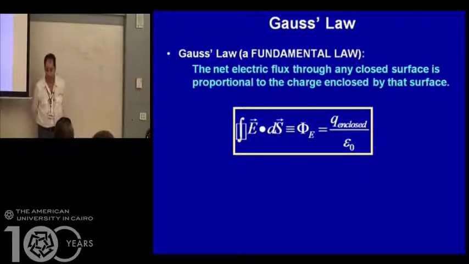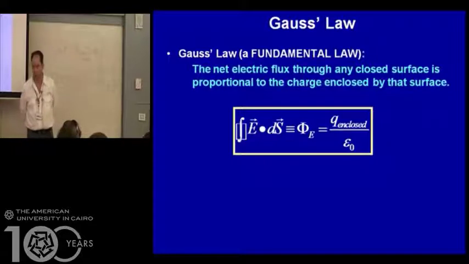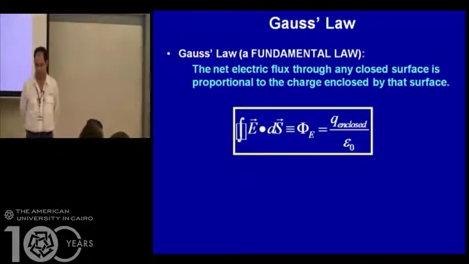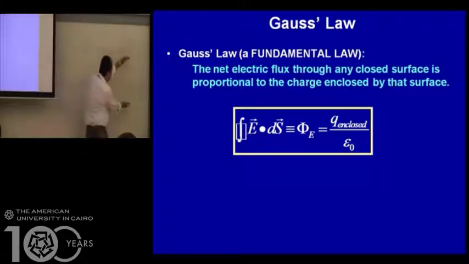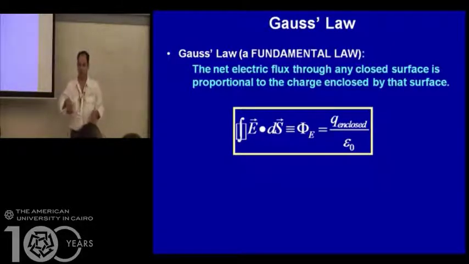I'll say it again. We have a wire that's 10 meters long with a charge of 10 coulombs on it, and the cylinder is only 3 meters. How much charge is inside that cylinder?